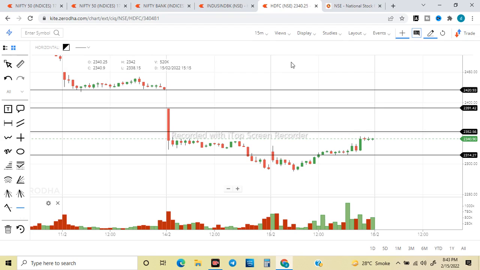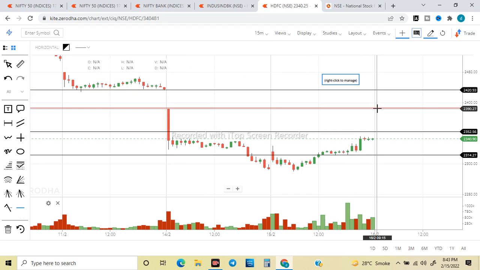Moving on, HDFC Bank looking good again. It has recovered from the lower level and is making a flag pattern on the 15 minutes time frame. So now if you see 2350 to 55 levels taken out, I mean this stock starts trading above 2355 and sustains in 15 minutes time frame, you can target 2390, that is almost 40 points, and the next target would be this gap cover of 2420.